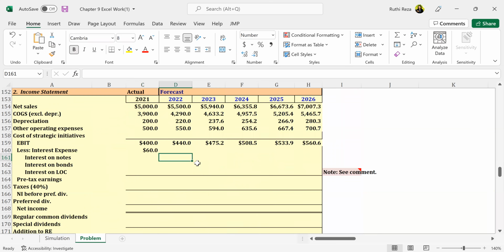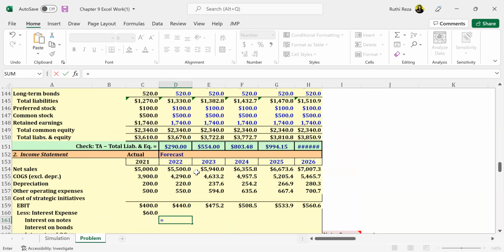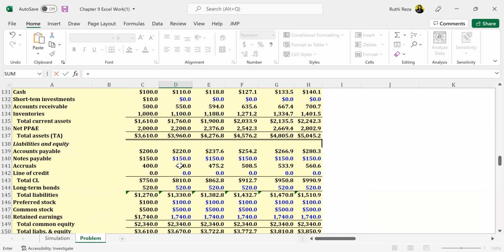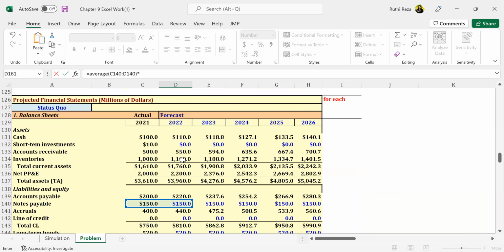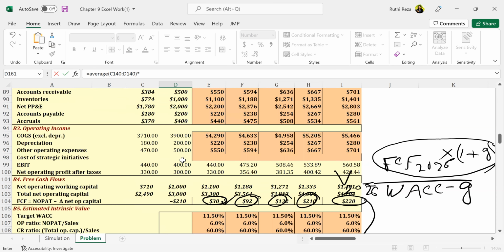Now for the forecasted years, we are going to actually forecast them using the interest rate we know for short-term debt and long-term debt. Okay, first for notes, it is average of the notes payables for this year and for the last year times the interest rate.